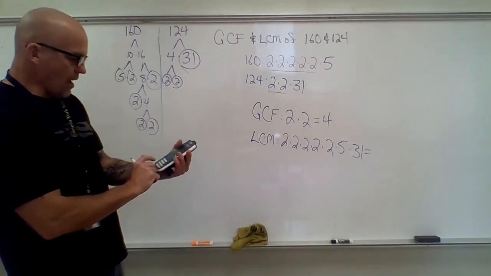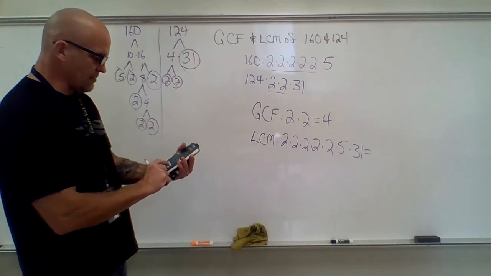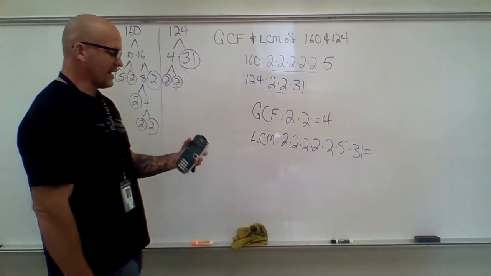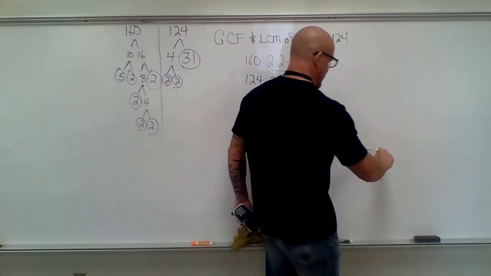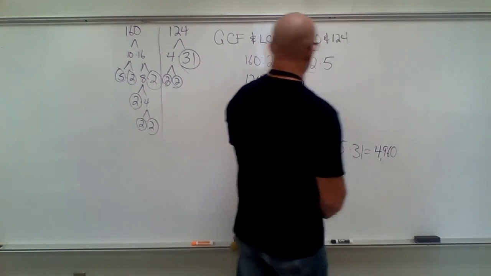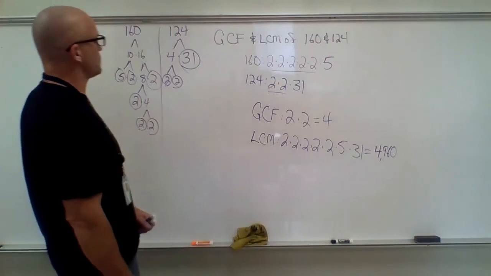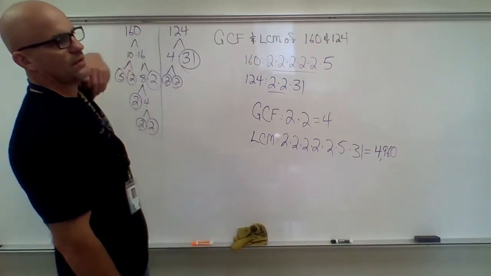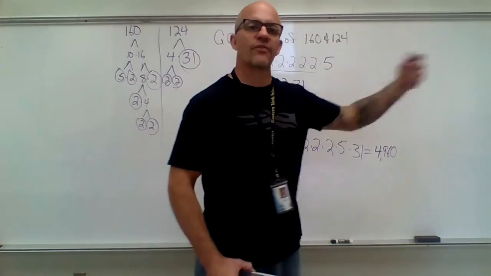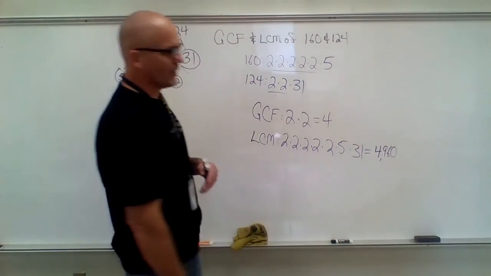Now when it comes to LCM, this one's going to be ugly. So LCM is that least amount of numbers you need. So it looks to me like I'm going to need a 2, a 2, a 2, a 2, a 2. I'm going to need those 5 2s. Those 5 2s cover these 5 and these 2. I'm also going to need a 5.